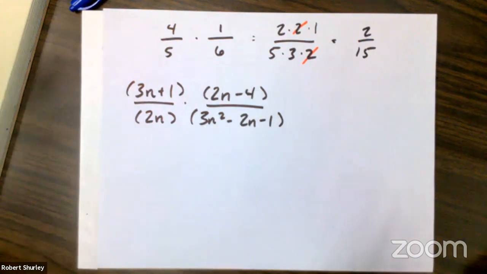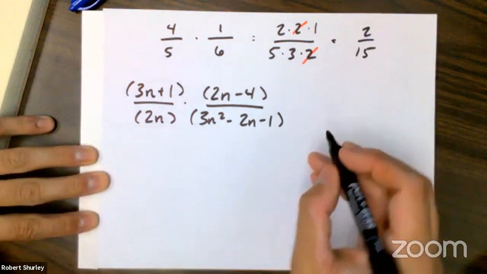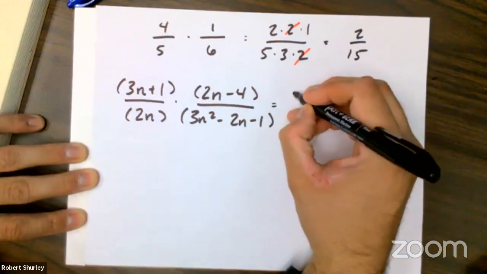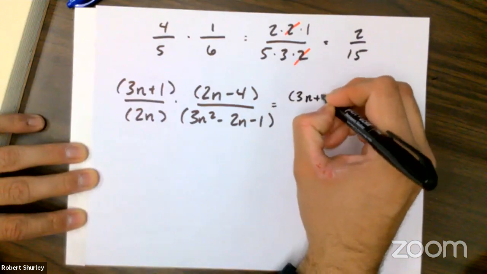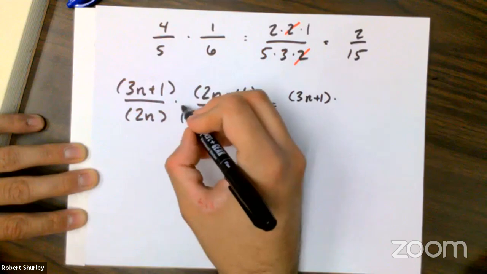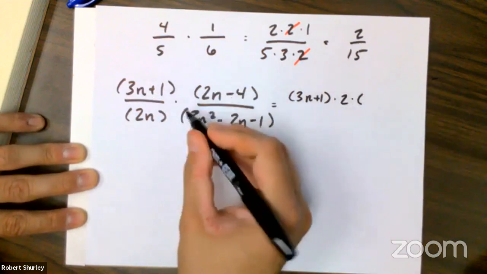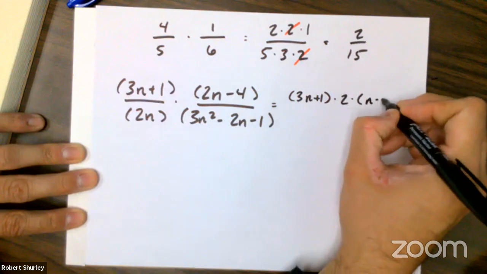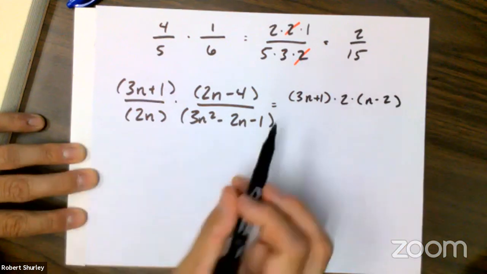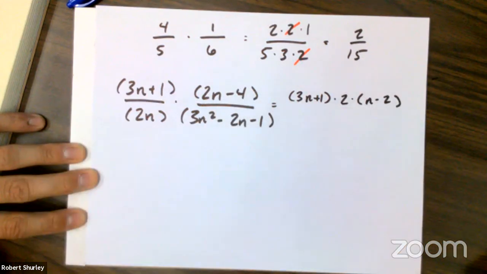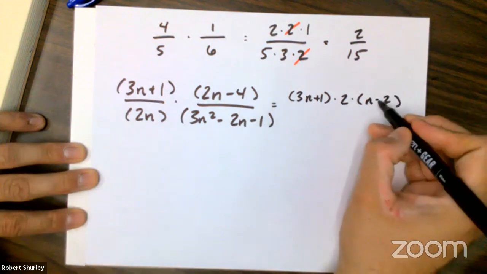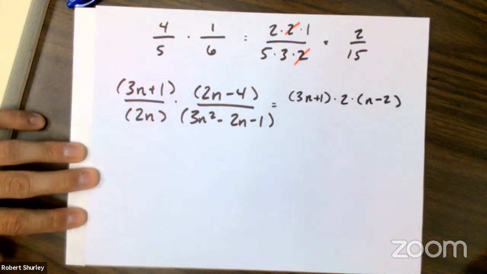Okay. So now look, I'm going to combine these as I go. So this is going to turn into 3n plus 1 times, because we're multiplying across, 2 times, because I factored the 2 out, n minus 2, right? If I factor a 2 out of 2n minus 4, it becomes n minus 2.